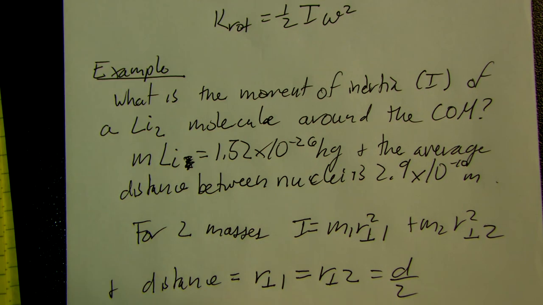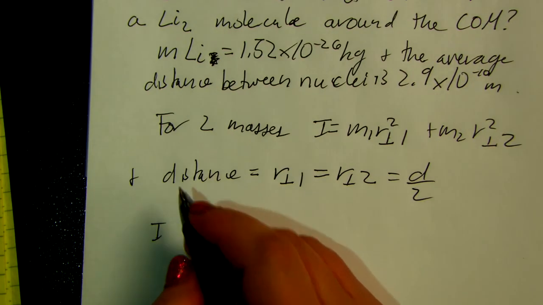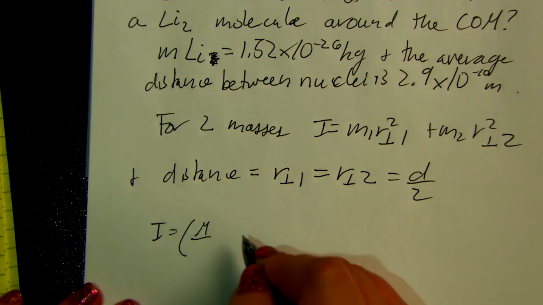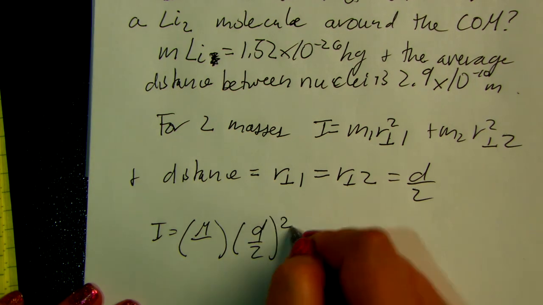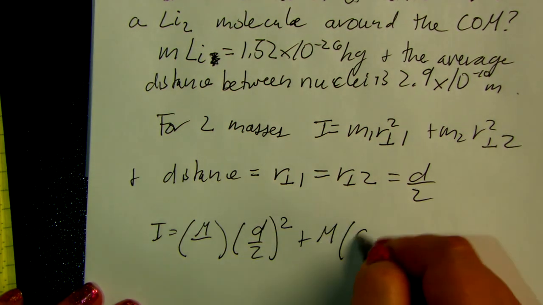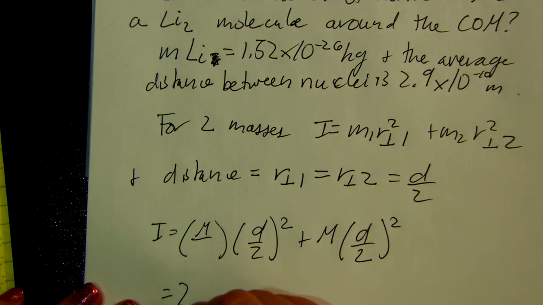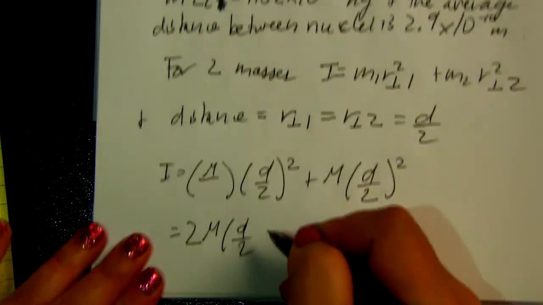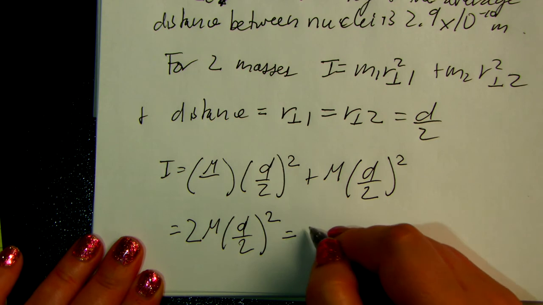So our moment of inertia, which we'll need for this problem, is equal to m times d over 2 quantity squared plus m times d over 2 quantity squared, which is equal to 2m times d over 2 quantity squared. Now we can plug and chug.